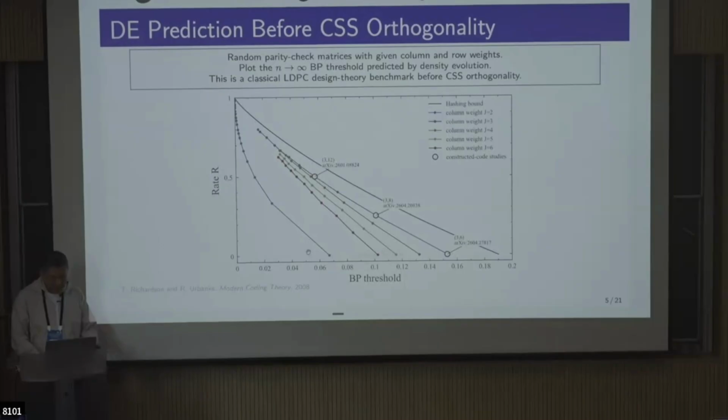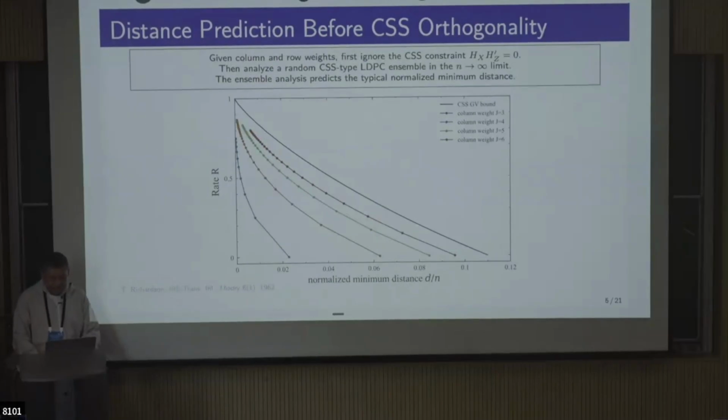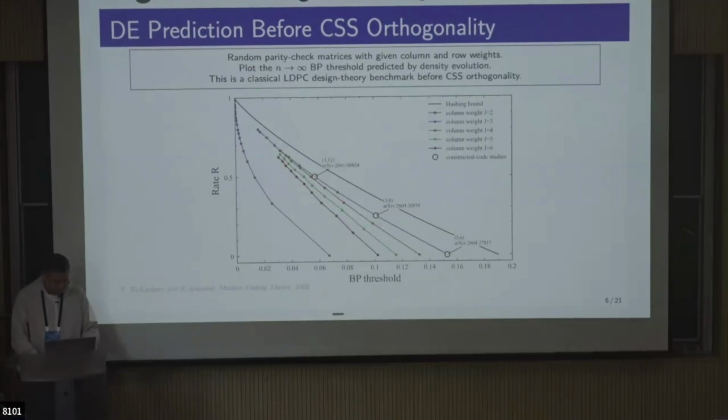And one good thing for column weight 2 is that it's ultra sparse. So you can avoid small cycles, and the cycles always correspond to the codewords.